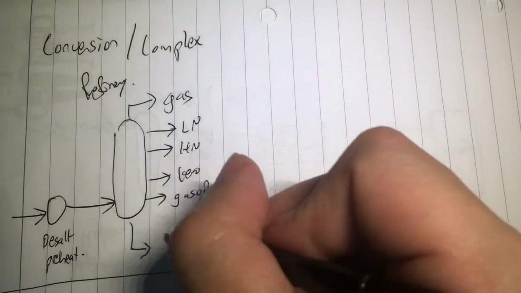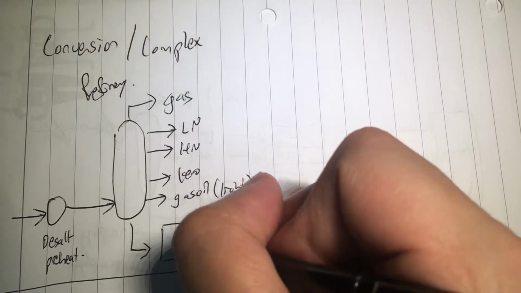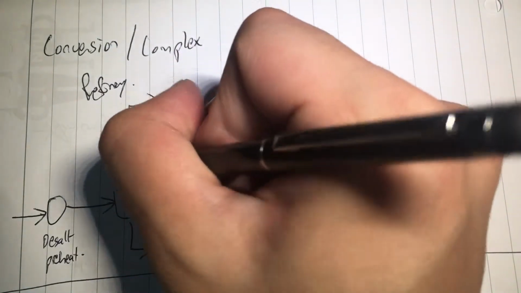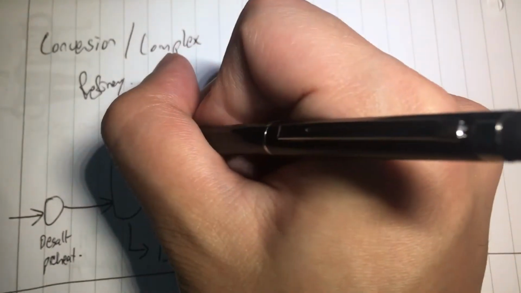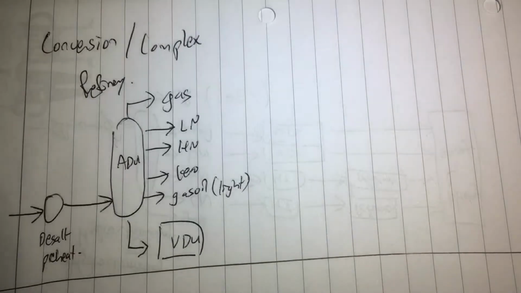And in this case, you have a vacuum distillation unit. This is the atmospheric distillation unit. So both of these will form part of the crude distillation. The whole crude distillation unit, yeah?